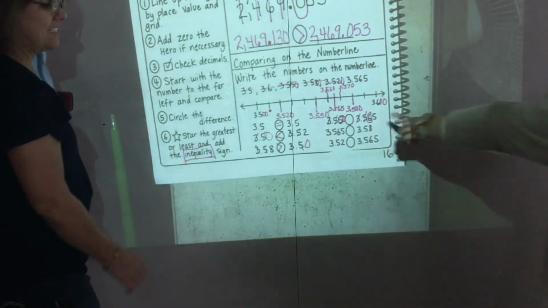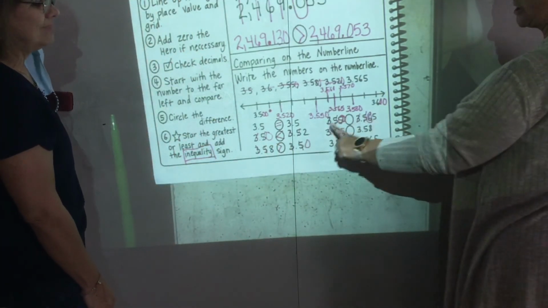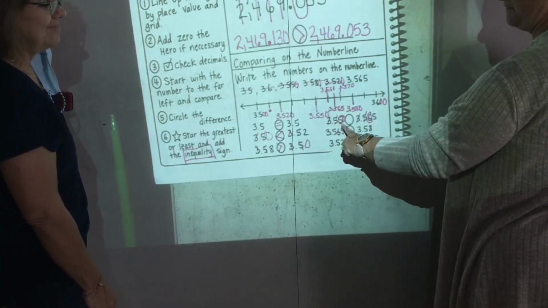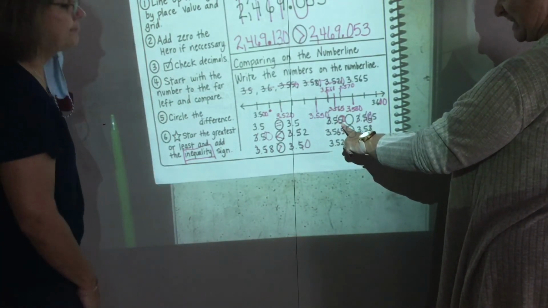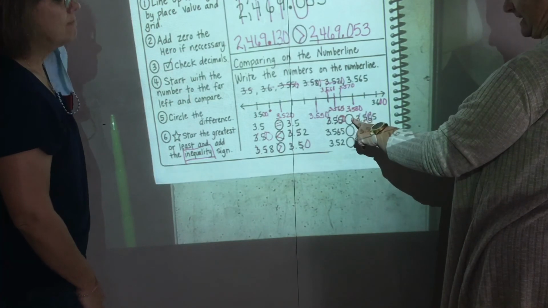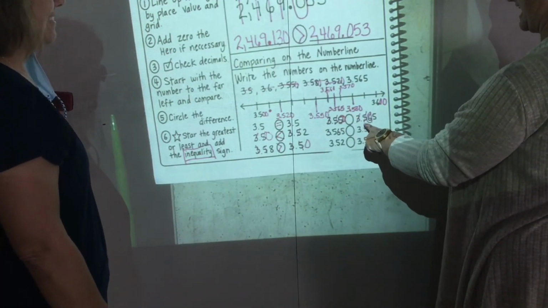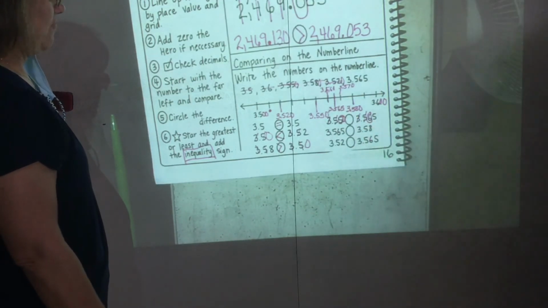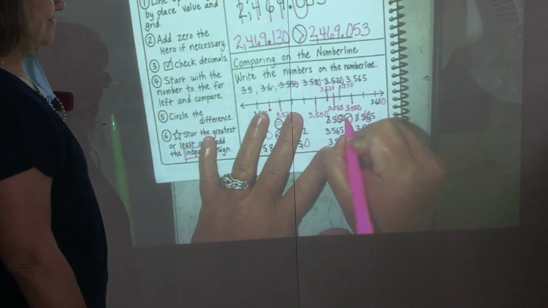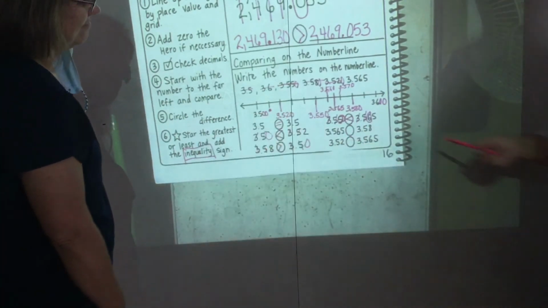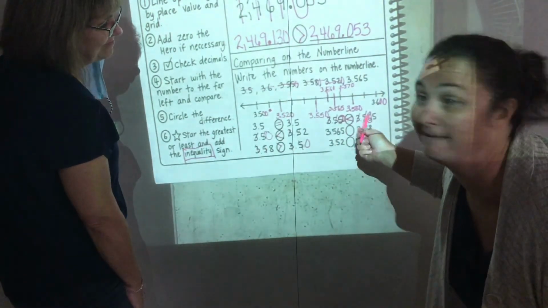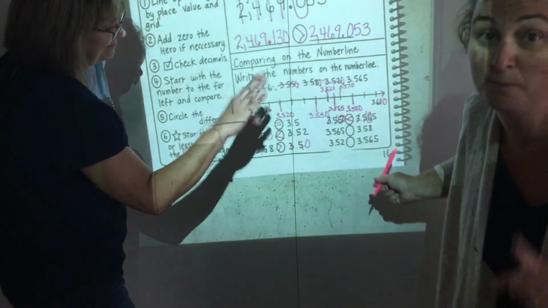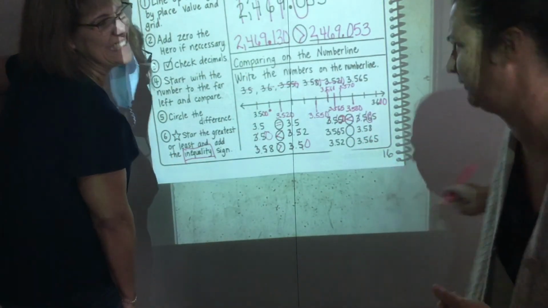I have 6 hundredths over here, so 3 and 55 hundredths is less than 3 and 565 thousandths. So I can put my less than sign because I know in my head that the alligator's eating that big number, even though Miss Bowman said I can't use the alligator.